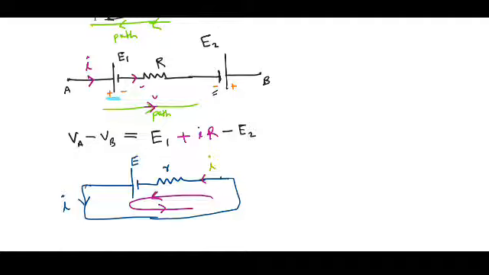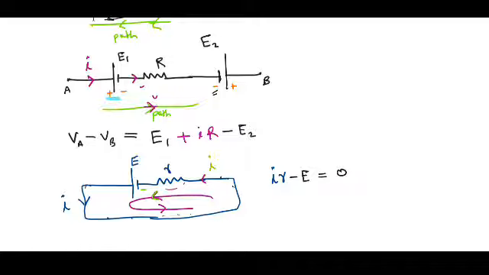Therefore, the voltage developed across this R will be equal to plus I into R. Then while going along this path, I see the negative terminal of the battery. Therefore, I will write this as a minus E. There is no other voltage source in the circuit. Therefore, I can write this is equal to 0.